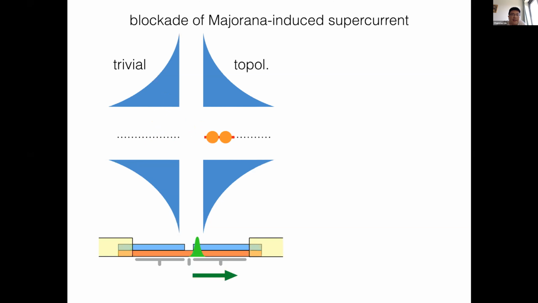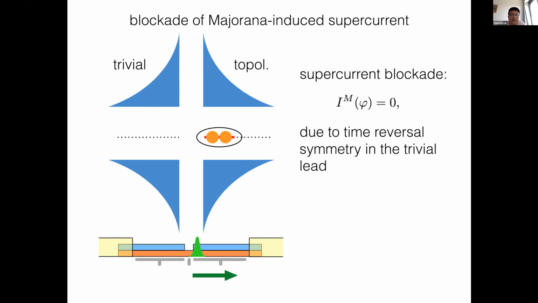But a difference from the conventional junction is that a reversed order process, with spin down going first, followed by spin up, would have a pi phase shift relative to the spin up then spin down because of the Majorana zero mode, and therefore such processes will interfere with each other destructively, and there's no supercurrent from Cooper pair tunneling between a trivial lead and an isolated Majorana zero mode. People call this phenomenon supercurrent blockade.